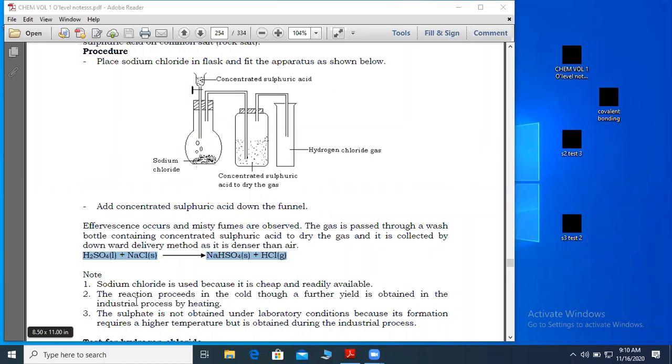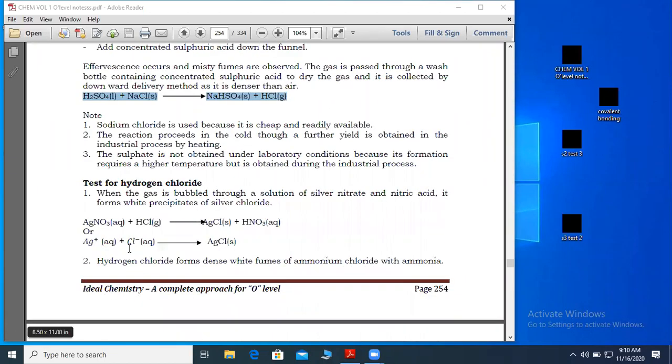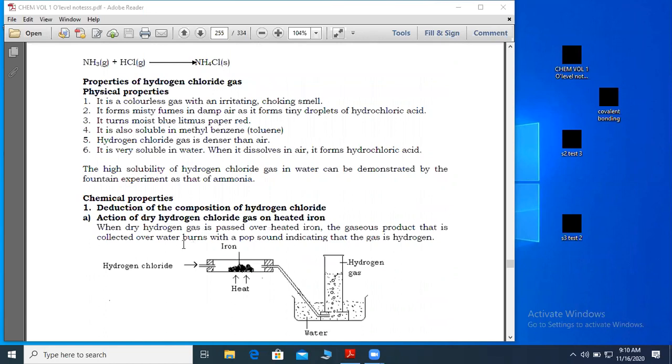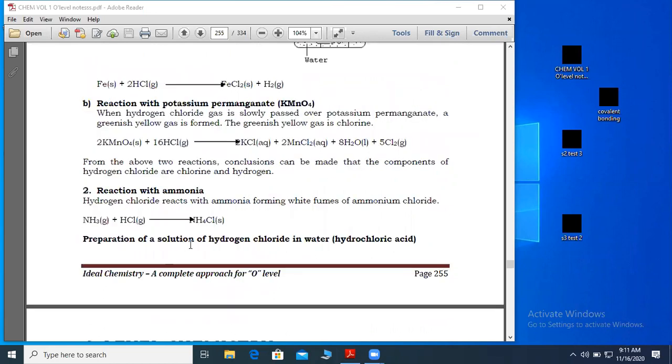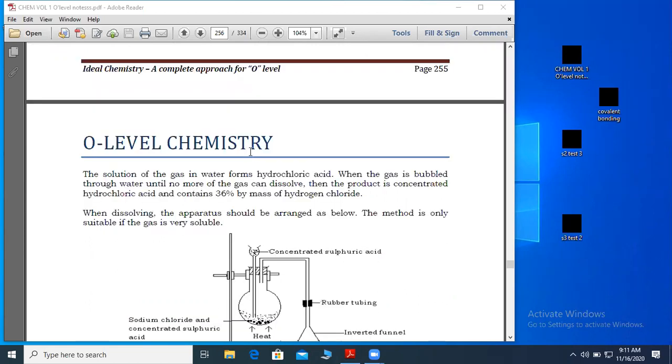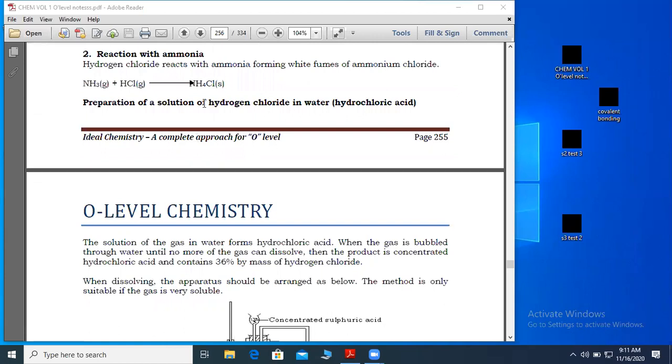The substance that is formed when hydrogen chloride is dissolved in water, that is what we looked at on properties of hydrogen chloride. And the question that we are referring to is this part: preparation of a solution of hydrogen chloride.